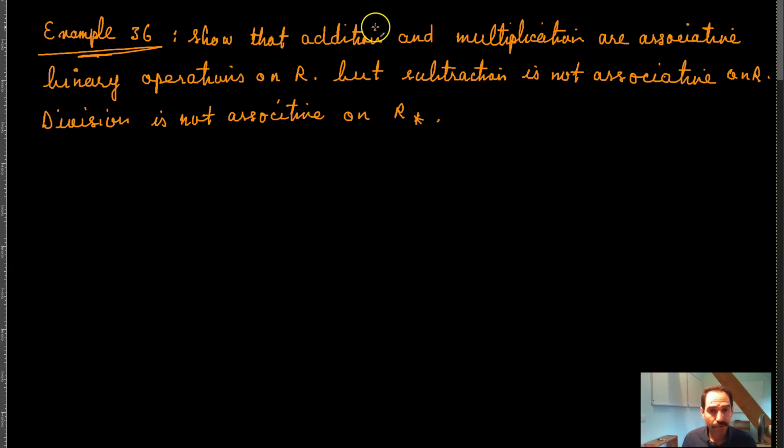Now, in order to show that addition and multiplication are associative binary operations on R, we use the definition of a binary operation being associative, which was definition number 12.